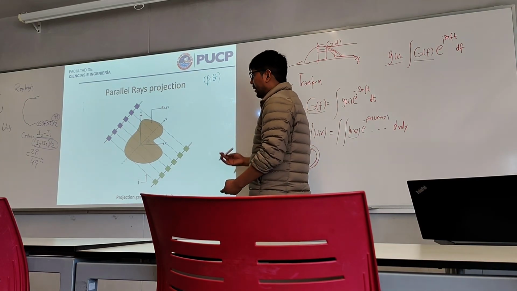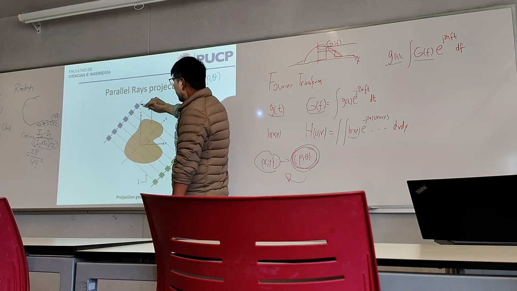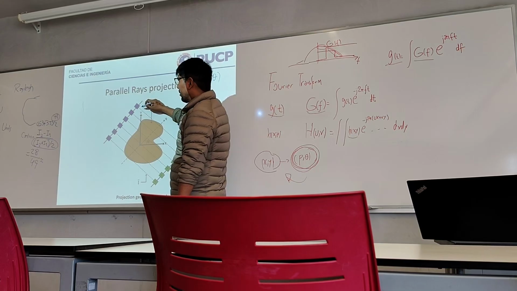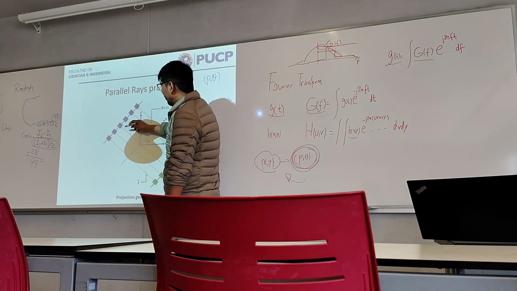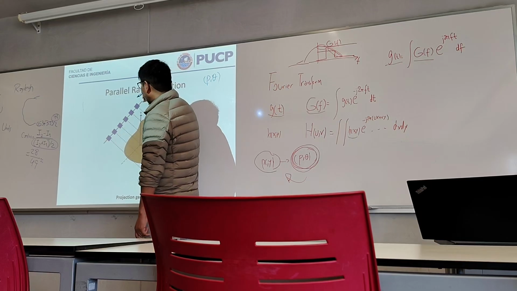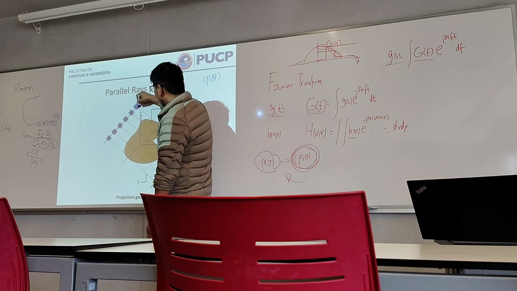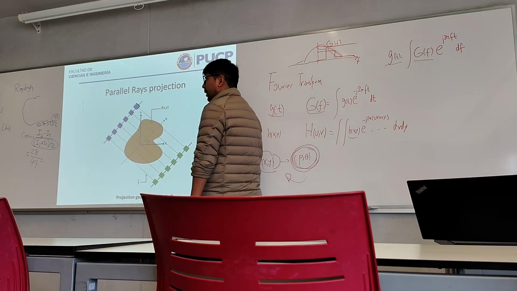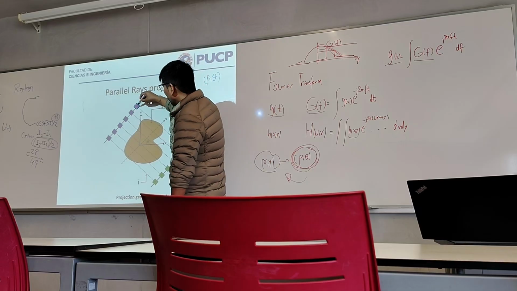Where the projection thing comes from. Okay, so first we need to think about the projection not only from one source of X-ray, but many sources of X-ray. For example, let's say that we have first this source, the output of an X-ray tube.